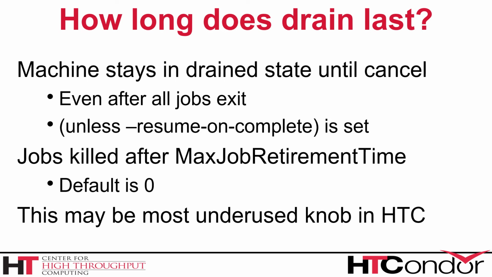The jobs in the dynamic slots will either run to completion or run until the number of seconds in the MaxJobRetirementTime attribute have expired. Again, the negotiator talk on YouTube discusses this MaxJobRetirementTime knob. This knob may be the most important, yet most underutilized knob in all of HTCondor, and we recommend that you set this to some pool-appropriate value or expression.